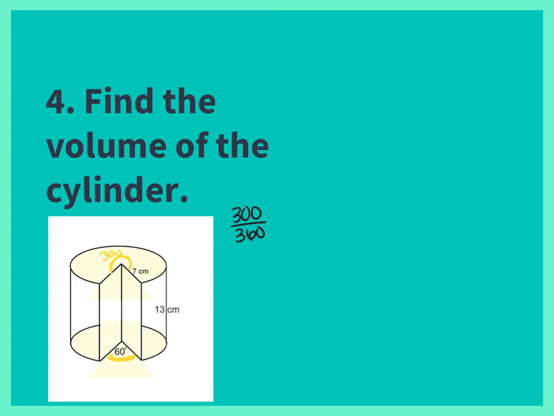And then we're going to multiply it by pi r squared times the height because that's going to give us the volume. So 300 out of 360 times pi. My radius is 7. My height is 13. So 7 squared times 13. And I can go ahead and do some multiplying and simplify this out.